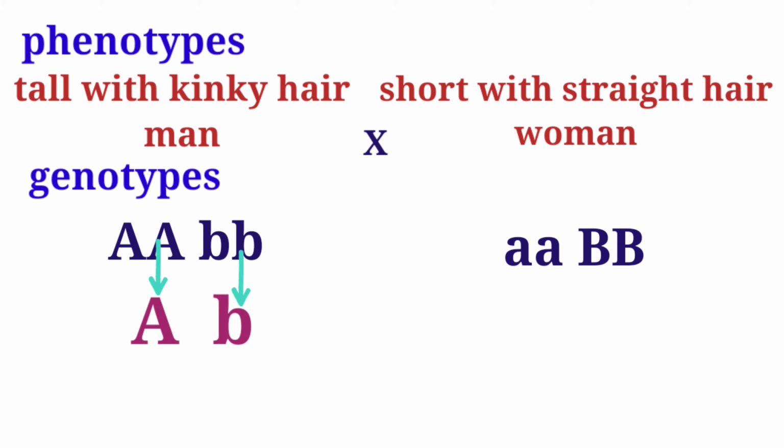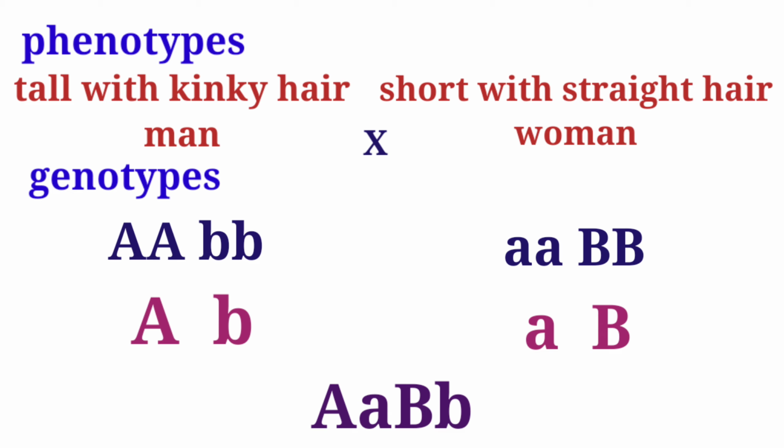Now next we will get the gametes. The gametes are capital letter A and small letter b for the man, and then for the woman, small letter a and capital letter B. Okay, so as you look at it, it is an example of independent assortment, meaning one does not affect the other.